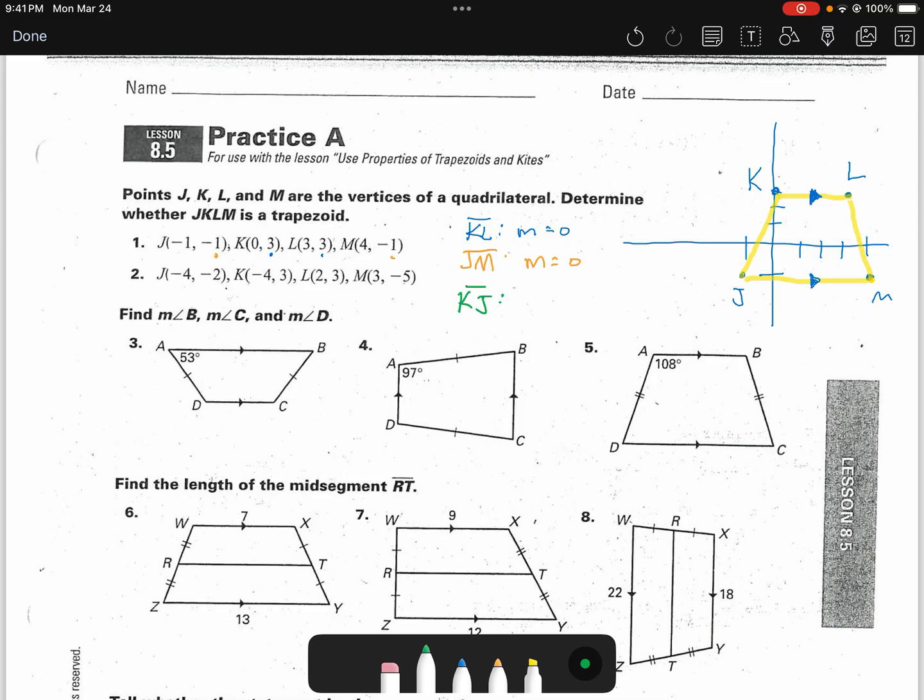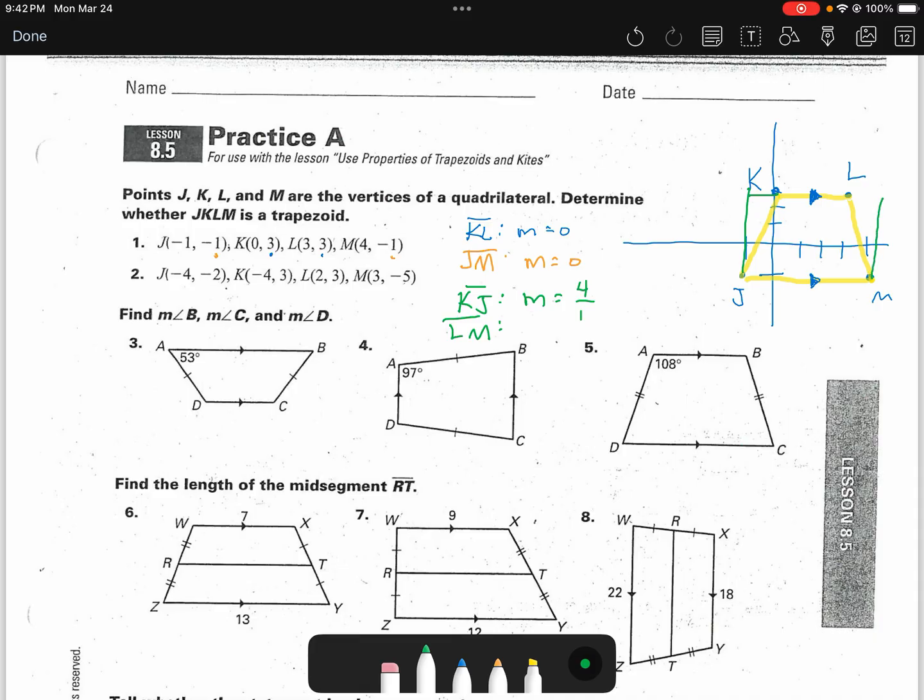What is the slope of segment KJ? It looks like I'm going up 4 and 1 to the right. Segment LM, I need its slope.